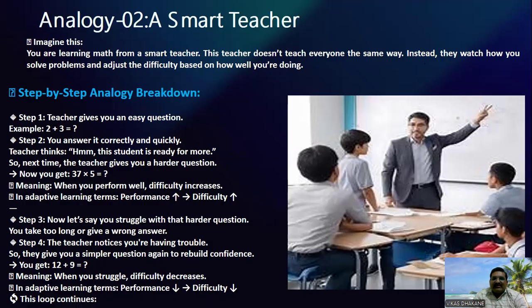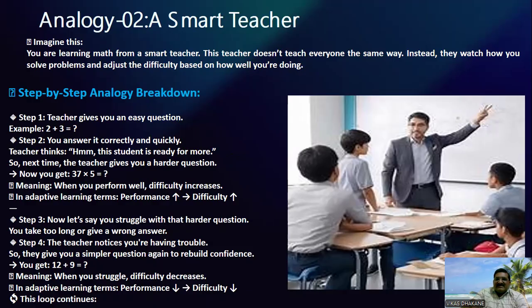You have understood whatever is being taught to you. Then what can the teacher do? The teacher will give you a more complex problem as compared with the previous problem. So here also, what is the teacher doing? The teacher is adjusting his teaching style on the basis of the response he has got from the learner or from the student.